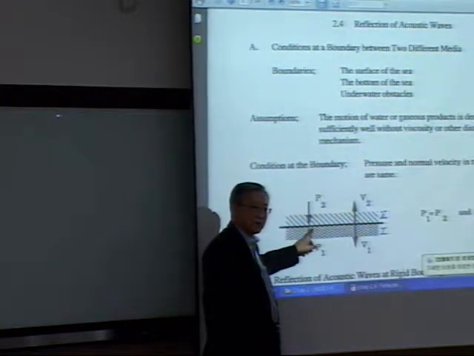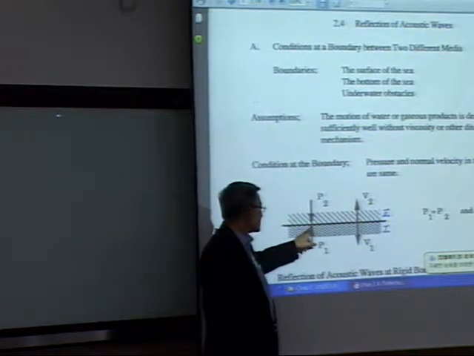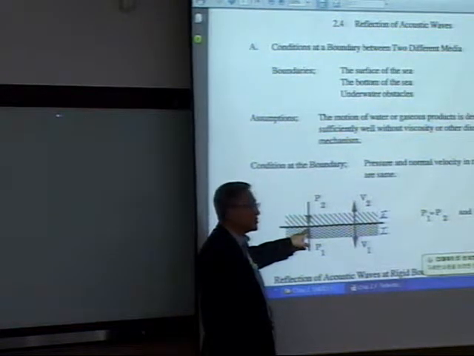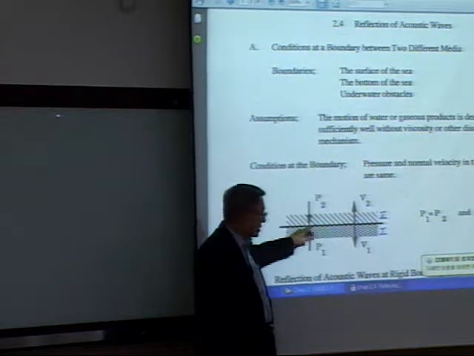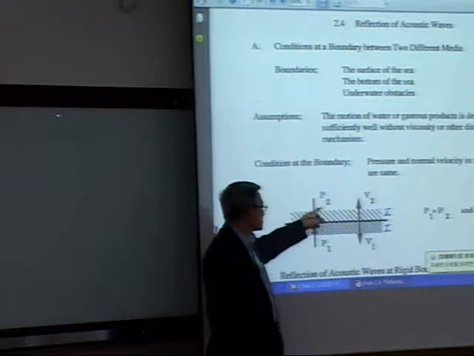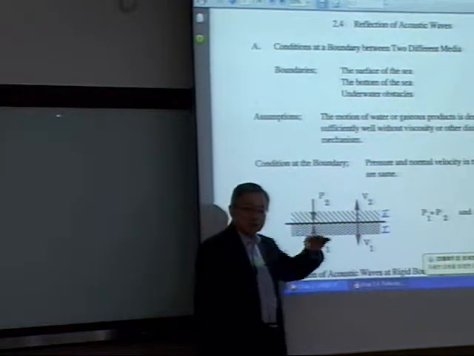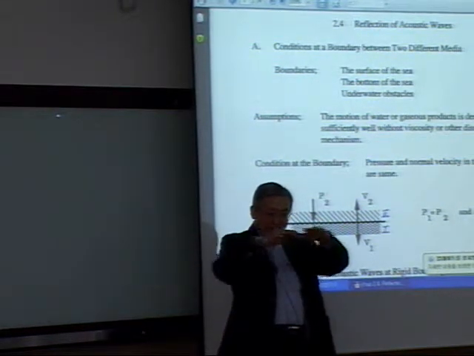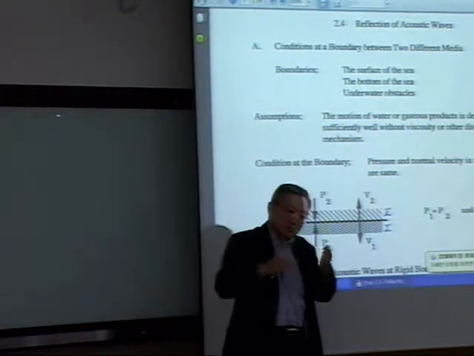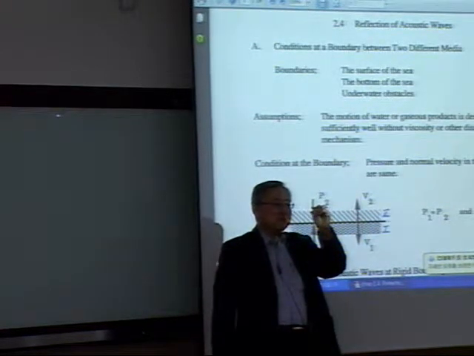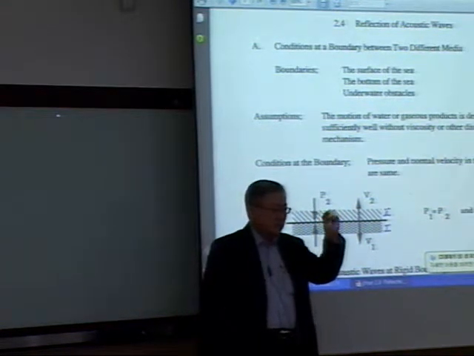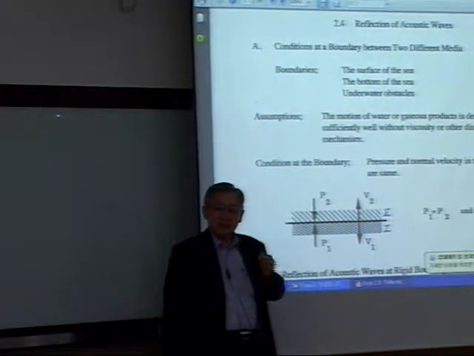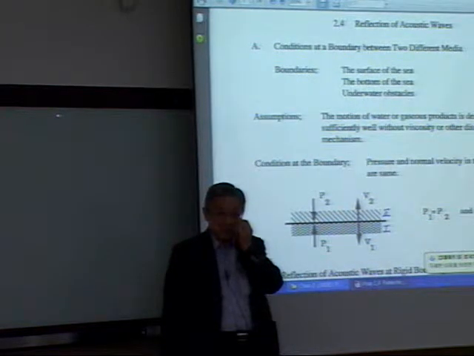P1 is the pressure at the point near the boundary in media 1. This is for media 2. So when you consider the pressure right at the boundary, infinitely close to the boundary, you can think P1 is equal to P2.